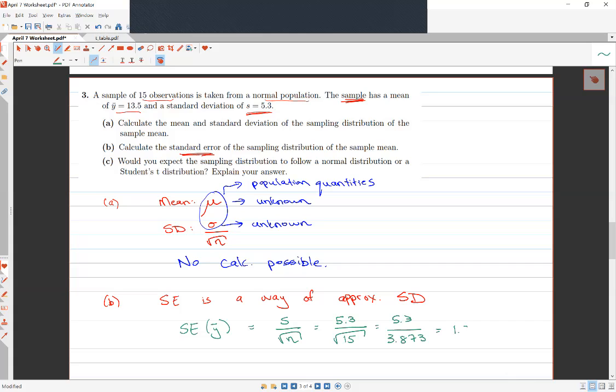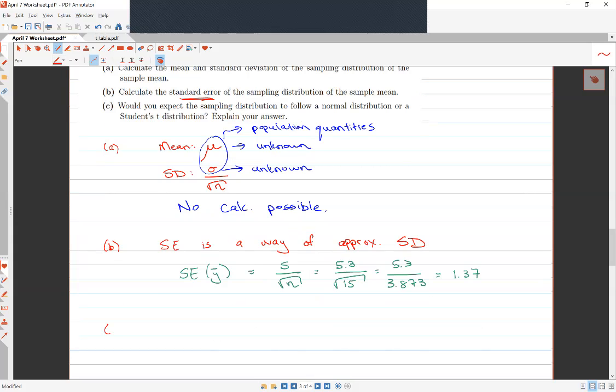This is 1.37 to 2 decimal places. So there's our standard error. It's not exactly the same as standard deviation, but if we don't have the sigma value, it's our best guess. It's an approximation of what the standard deviation is. So that's what standard error is used for here.